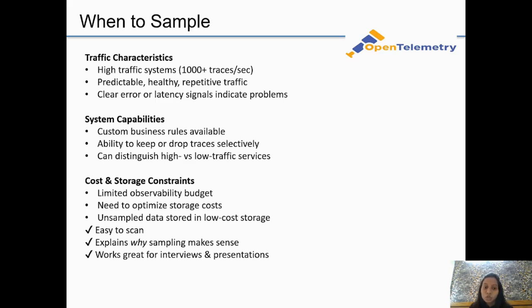Sampling is useful when the observability budget is limited, storage costs need optimization, and unsampled data can be stored in cheaper storage. This is very important because it explains why sampling is a smart engineering decision, not just a cost-saving trick. Okay, so these are the reasons for when to use sampling.